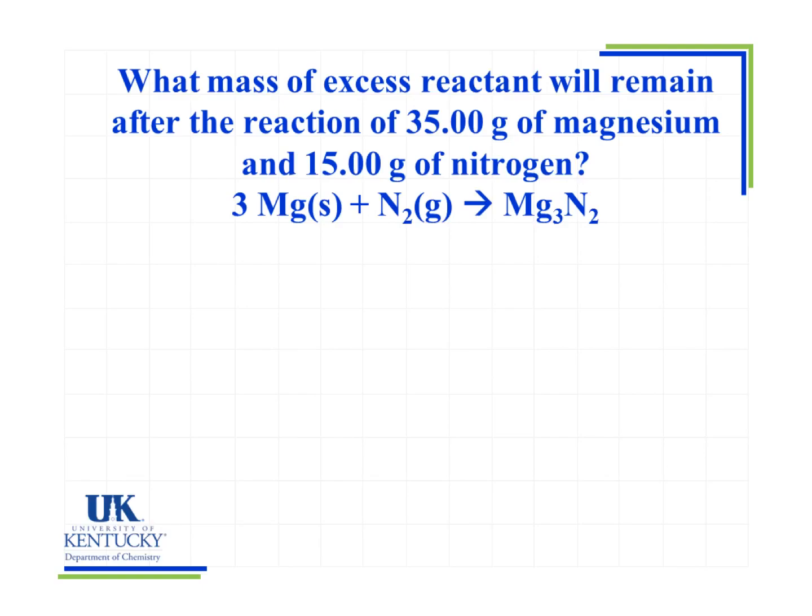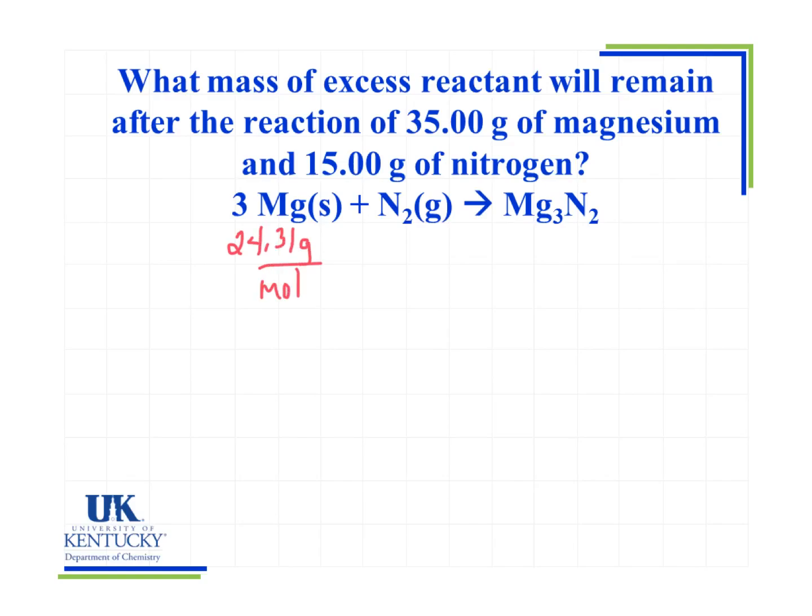So the first thing I want to do is find the molar masses of each of these substances, just so I have them available when I begin my calculations. I'm going to look at the periodic table and find the molar mass of magnesium is 24.31 grams per mole.